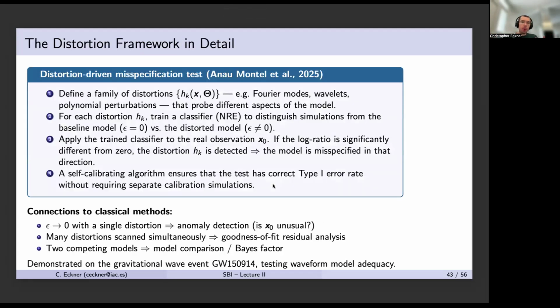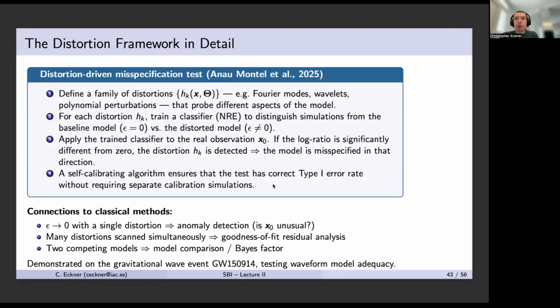So in general, you define a family of distortions to your particular model. This could very well depend on whatever you're trying to do. The paper I'm referencing here used gravitational waves, so they induced Fourier modes or wavelets that perturb the typical observation of gravitational waves in different aspects or frequency ranges of that model.